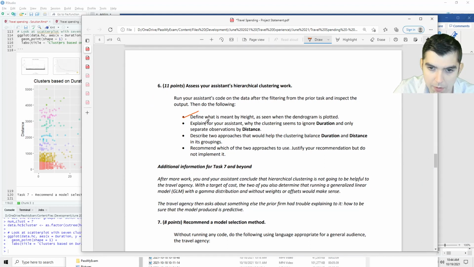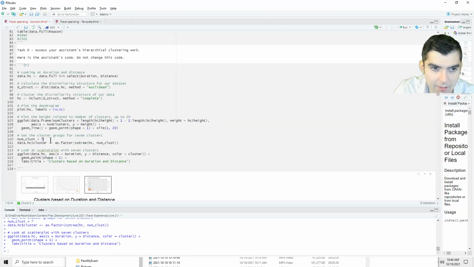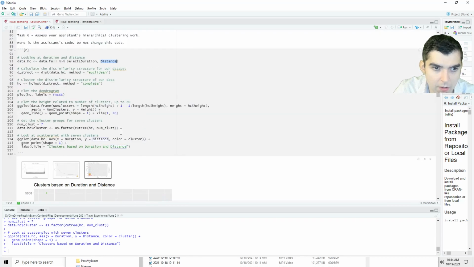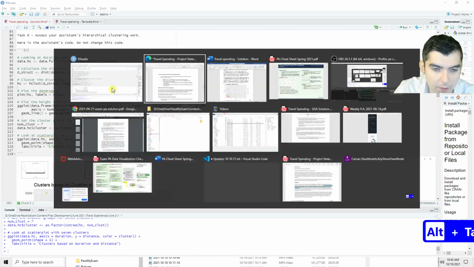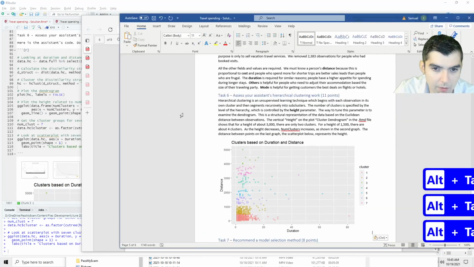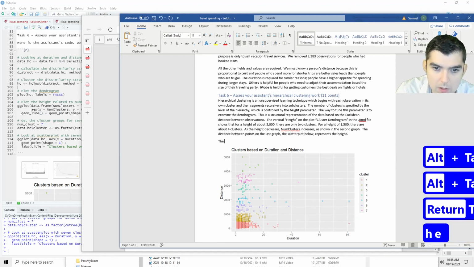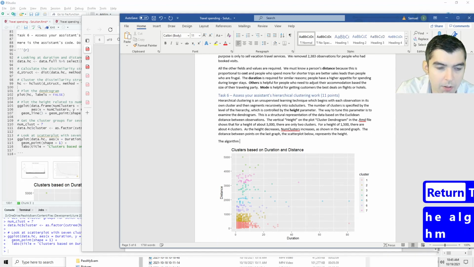Explain to your assistant why the clustering seems to ignore duration and only separate observations by distance. So it looks at duration and distance, and it's using Euclidean distance, complete linkage. So we can say what the algorithm uses.